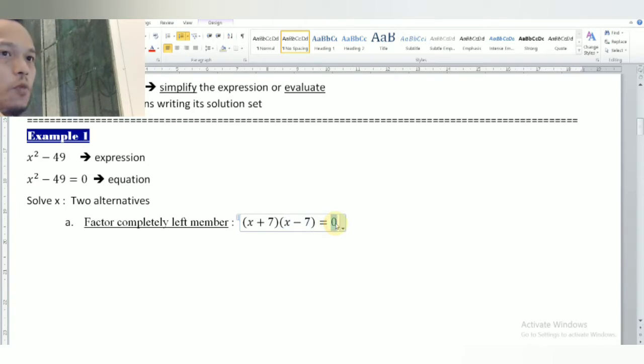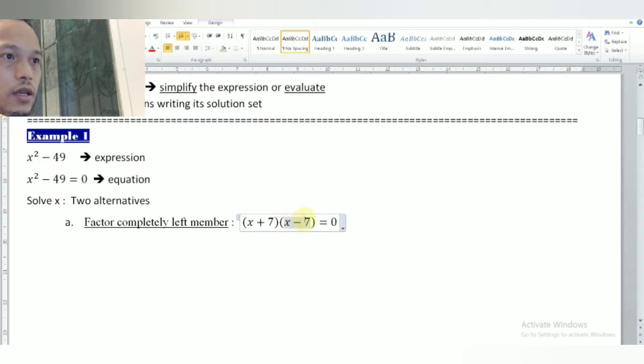Okay, what is the objective? By factoring this, I can see that we have two factors, 1 and 2, whose product is 0. By referring to the multiplication property of 0, it means at least one of the factors will equal 0 to make the product equal 0, right?